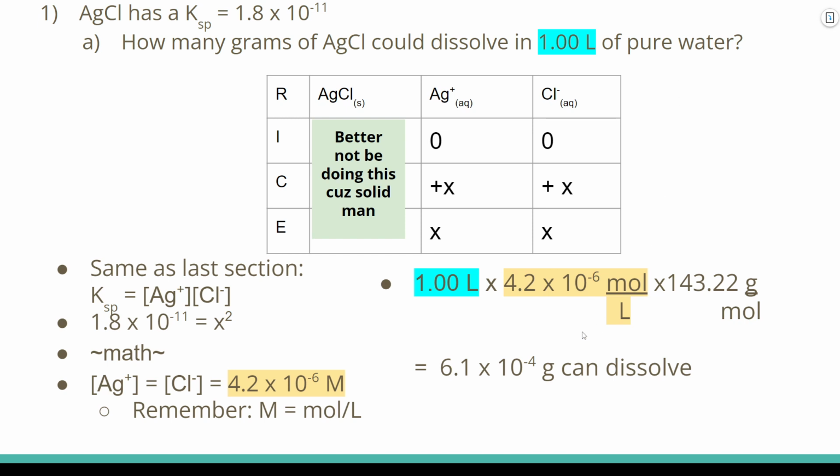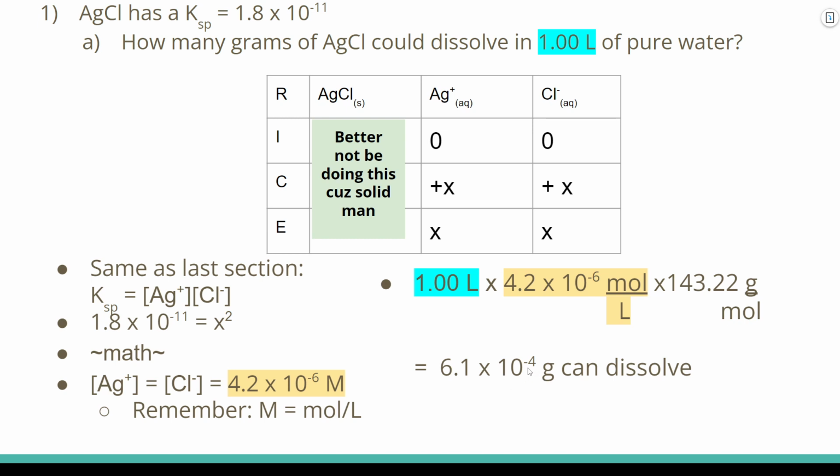Because Ag plus and Cl minus are 1-to-1 with AgCl, I skipped the conversion step from one ion to AgCl, but it's fine. Then I have my molarity, my liters cancel out, and this 143.22 grams per mole is the molar mass of AgCl. I plug that into my calculator, and this is how much can dissolve.